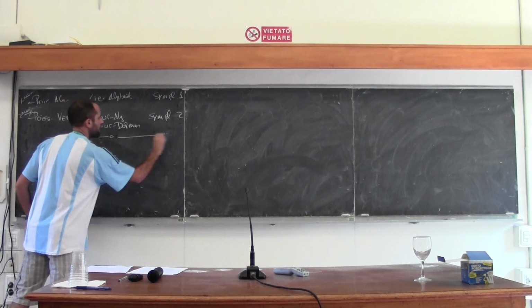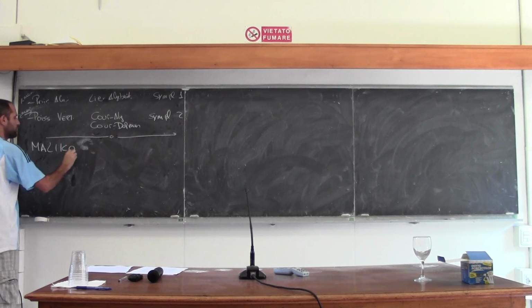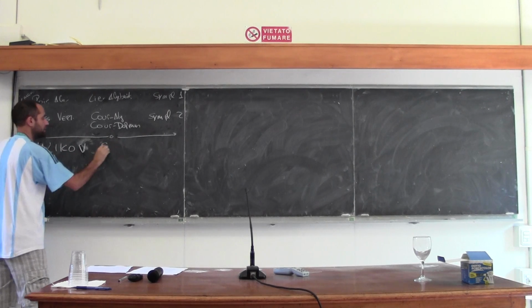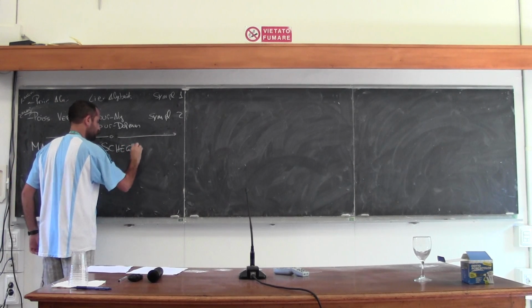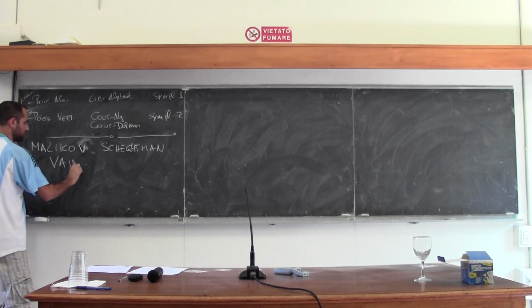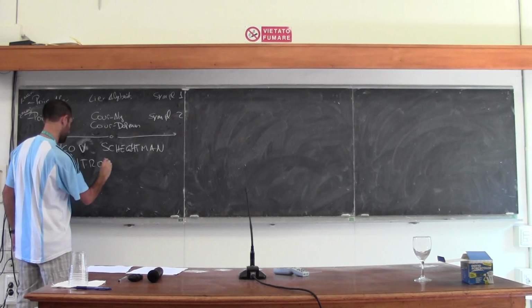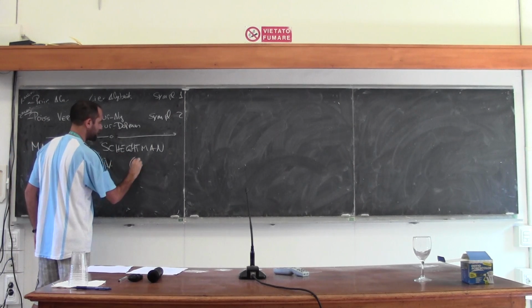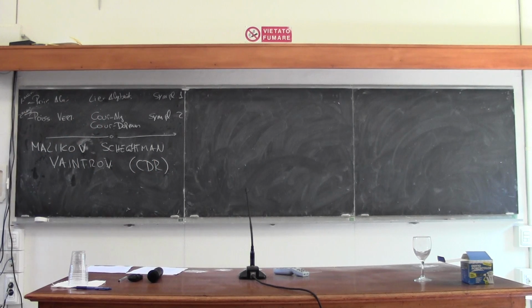This is the part of the talk where I told you I want to sell the work of Malikov, Schechtman, and Vaintrob, the chiral de Rham complex.